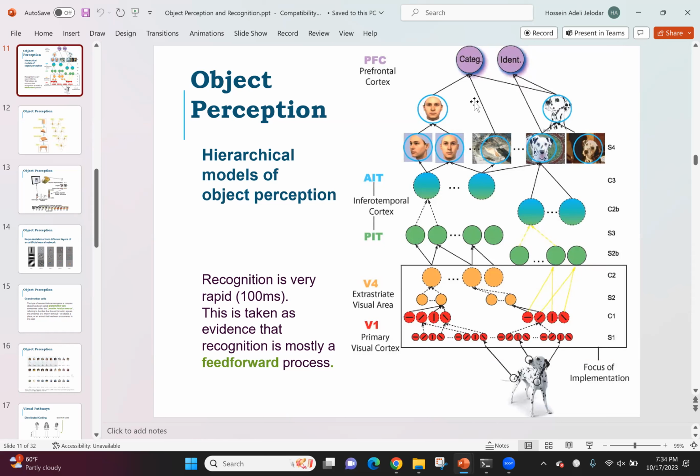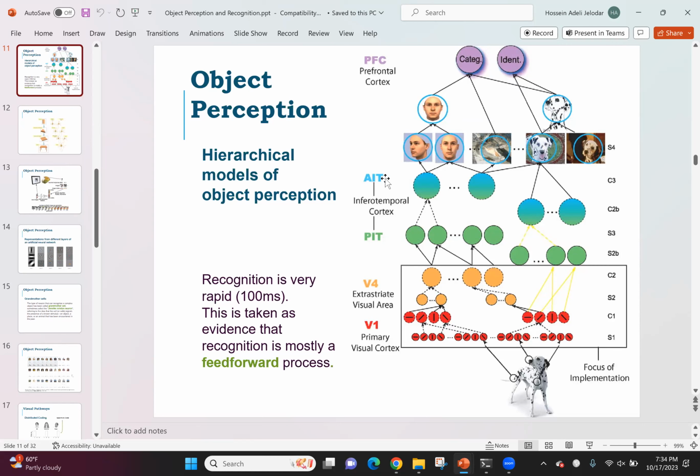It's not just saying that, oh, this is a type of dog, or that this is a person, but rather this is my uncle, and this is his dog. So that's what identification comes into. It's a level above categorization. Now, these people aren't putting these things in the ventral pathway.